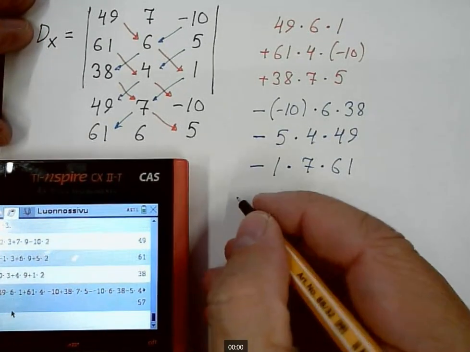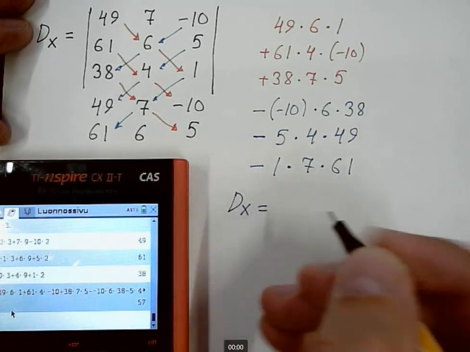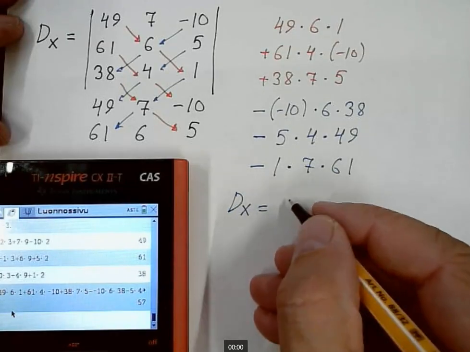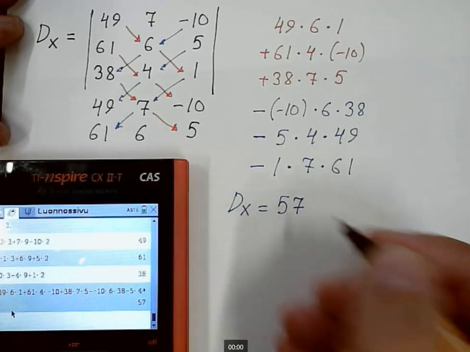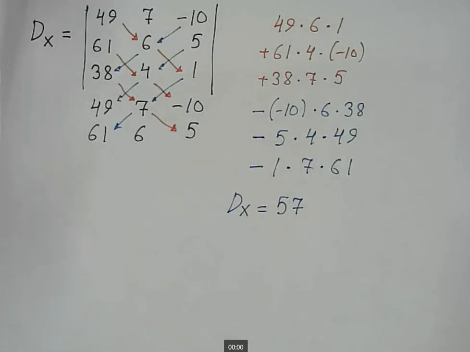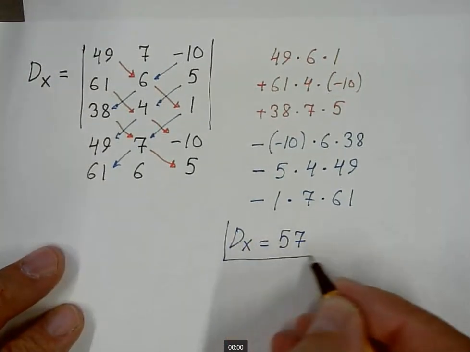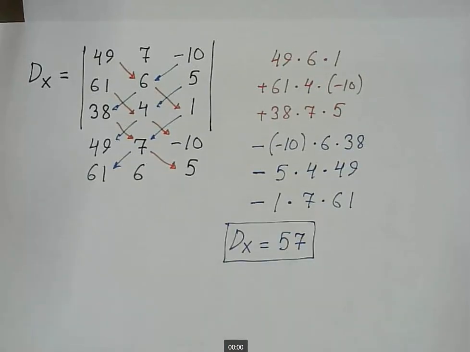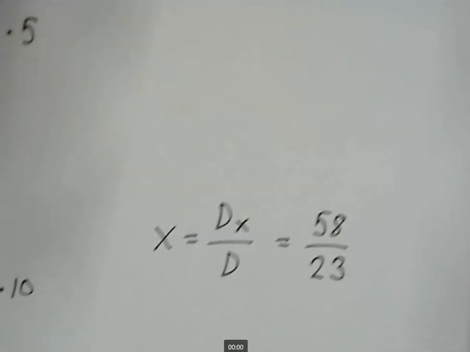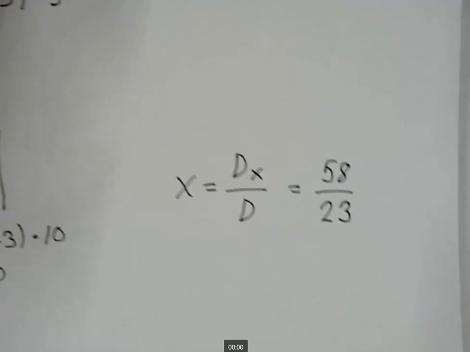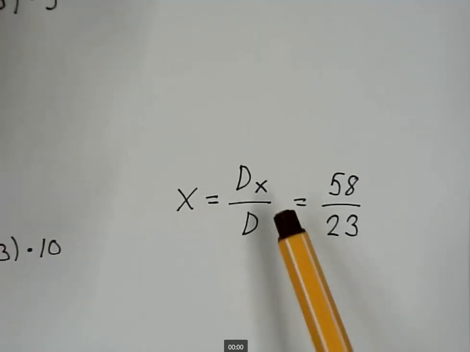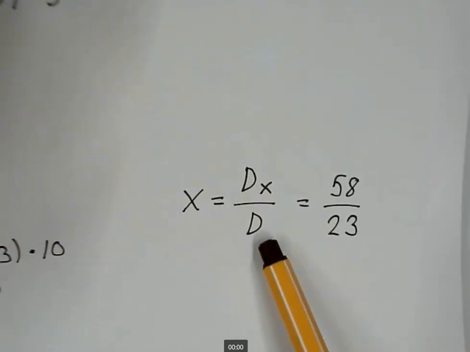So the dx will be 57. As we had in this earlier example, we had this x, and we got the value of x by dividing dx by d.